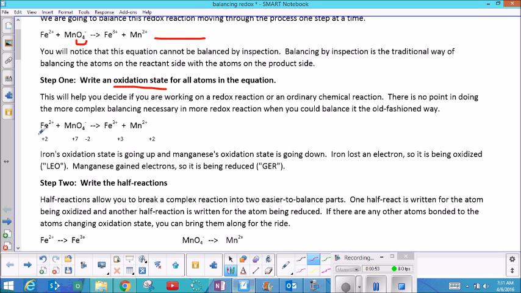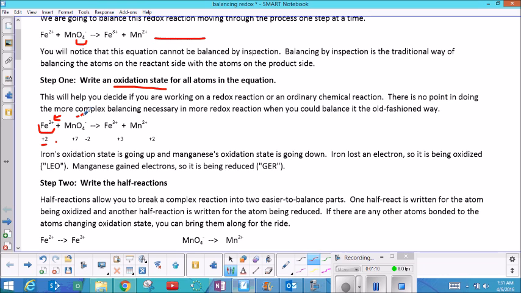So the first thing, the oxidation state of Fe: when it says it's +2, it is +2, so I've written +2. The oxidation states of MnO4 -1, the O4 has to be done this way.